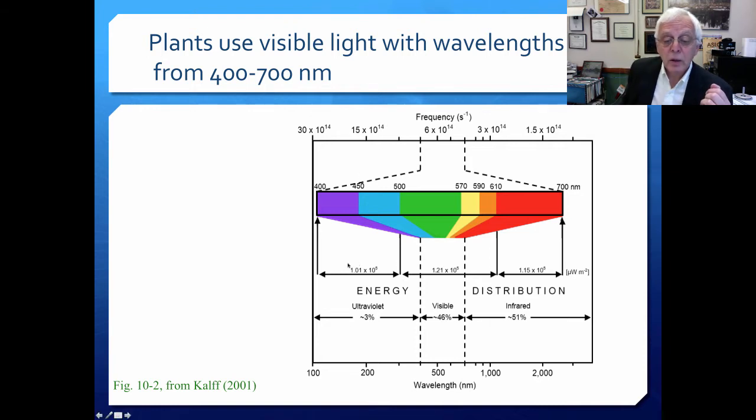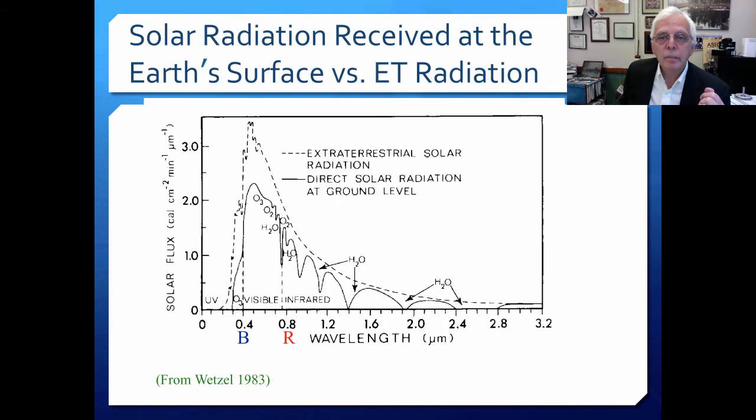Below that, at lower wavelengths, we find ultraviolet, which is very damaging, and above that we find the infrared, which is basically absorbed and expressed as heat. So plants use visible light with wavelengths from about 400 to 700 nanometers.